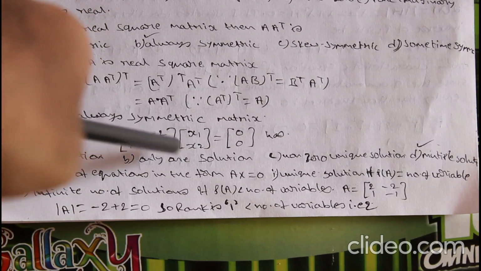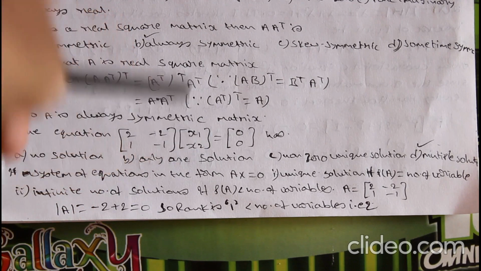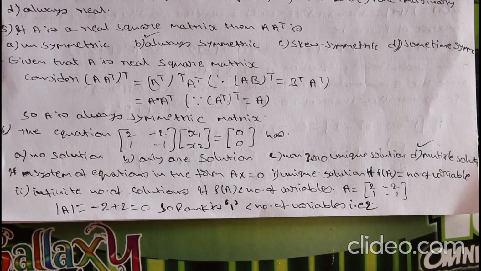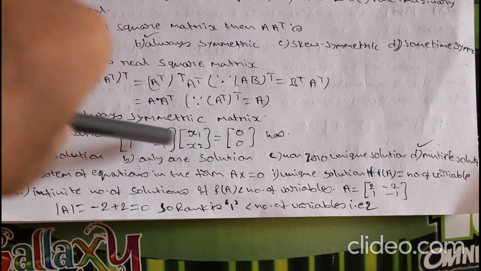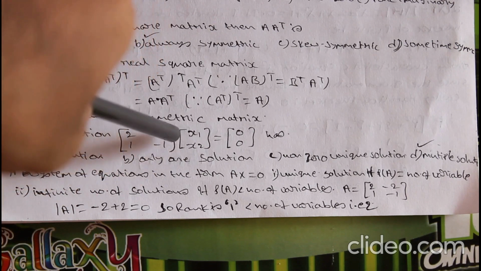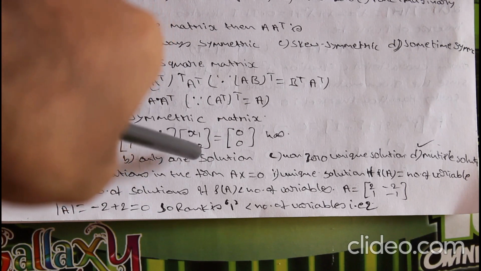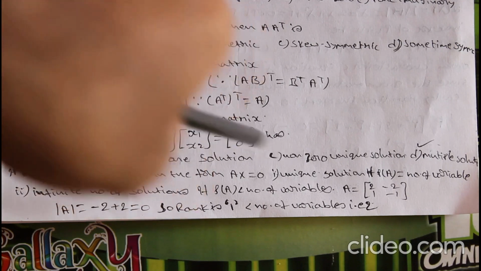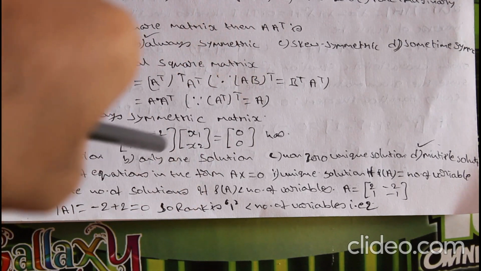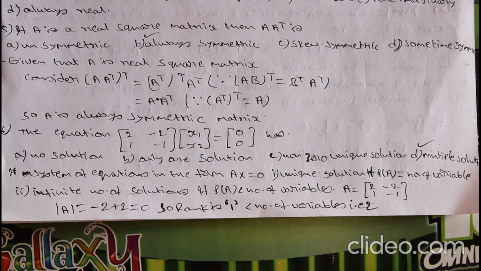So if the rank is 2 and that is equal to the number of variables, then we can say that this equation has a unique solution. And if the rank of A is less than the number of variables, that means the rank is 1 and the variables are 2, then infinite number of solutions are possible. Let us see what we are going to get.